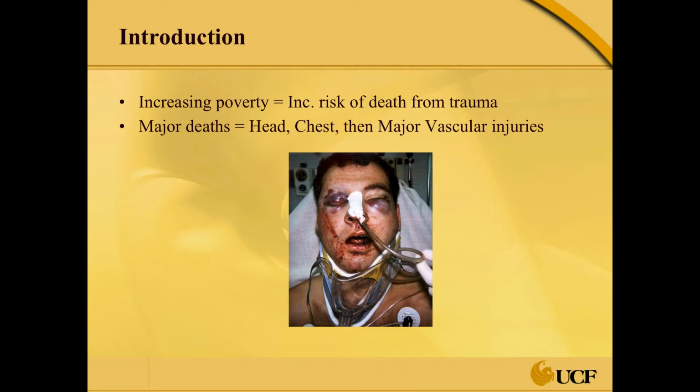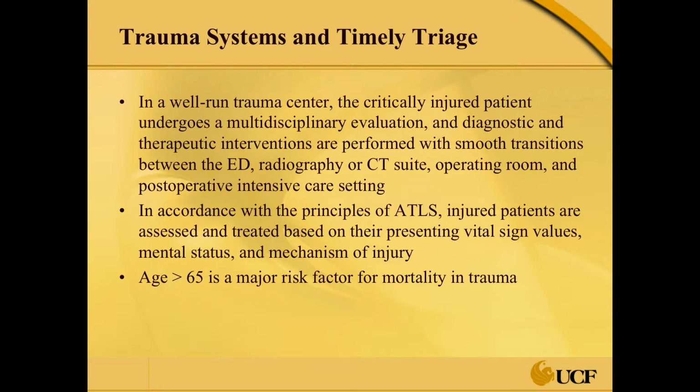We can think of a neck injury where the carotid might be lacerated, or a long bone fracture where the femur might be fractured and unfortunately punctures the femoral artery, and the patient bleeds out within minutes. Those are examples of vascular injuries, which are going to be the third leading cause of death.